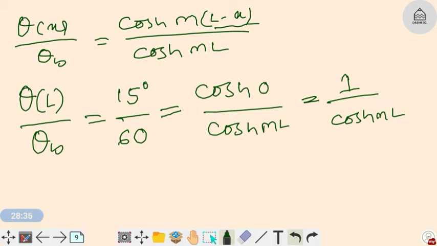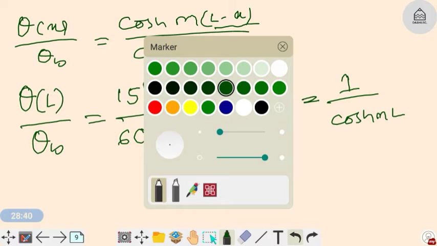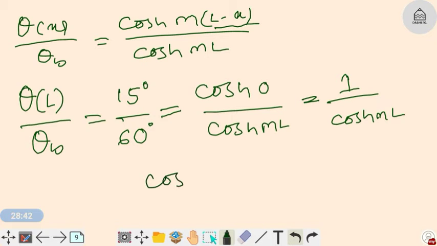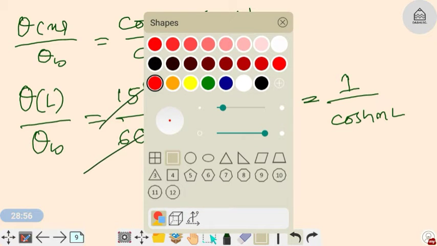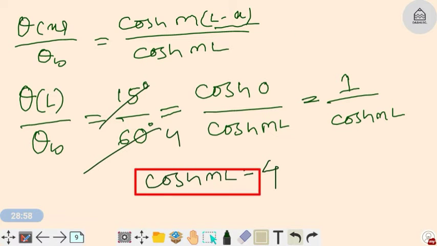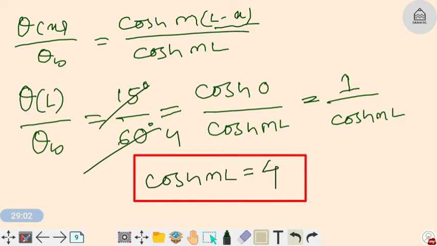So from here I can find out the value of cos hyperbolic mL, that is 60 by 15, equal to 4, yes or no? So cos hyperbolic mL is equal to 4. I will use it later.